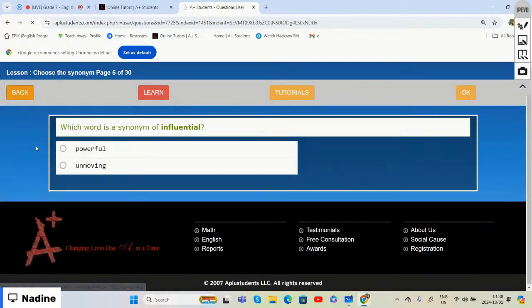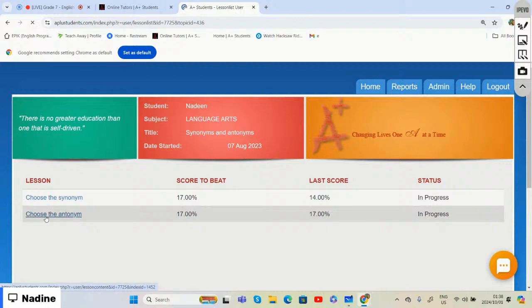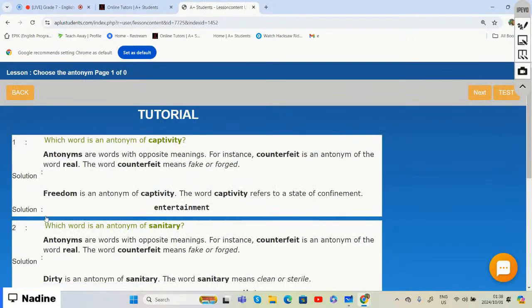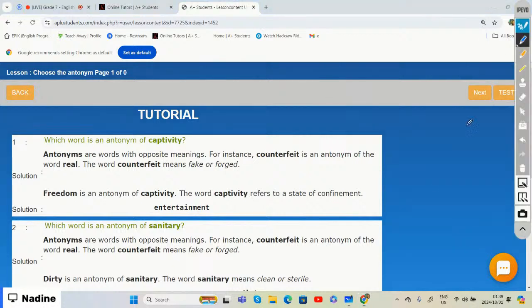Now we're going to choose antonyms. And remember, we said antonyms are words with the opposite meaning of what that word means, right? And we looked at a few examples of antonyms. Another example of an antonym is the word real. If something is not real, then we can say it's either fake or it's counterfeit.